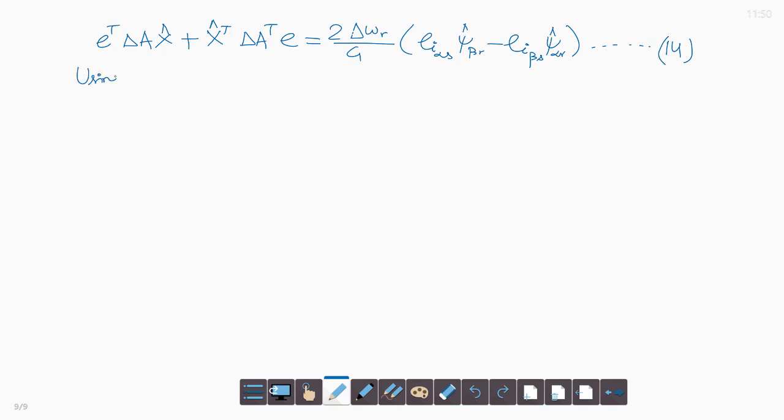Now, using equation 13 and 14. 13 and 14 we have already derived, in equation 12.